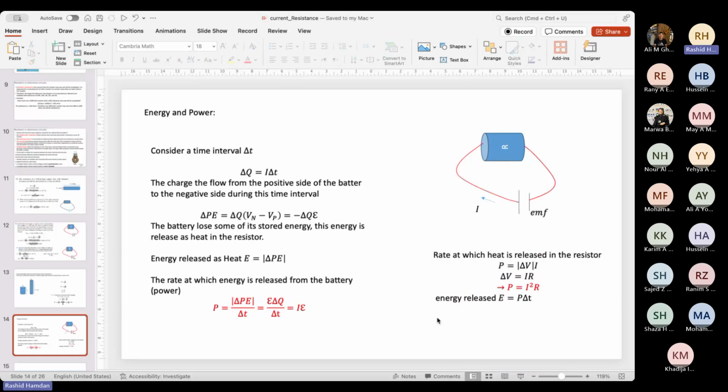Now, I want to point one thing. Remember when we found the energy stored inside the capacitor, we got this half Q delta V? The energy that comes out of the battery is Q delta V. Where does the rest of the energy go? If we are talking about equilibrium, we have to have a real wire in the circuit, and this wire has to lose some of the energy. So actually the battery gives more energy than the capacitor would store, and the rest of the energy has to go in the circuit.